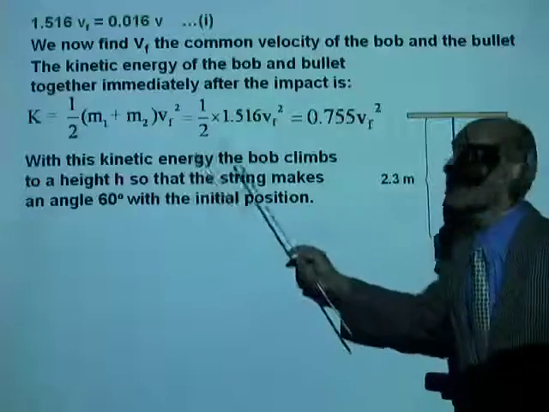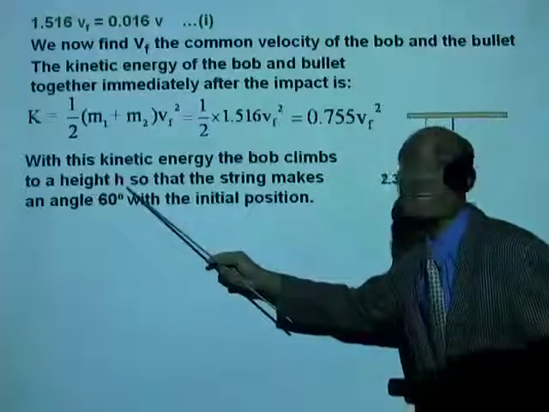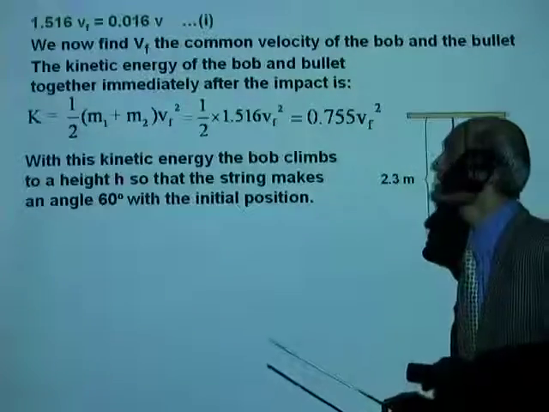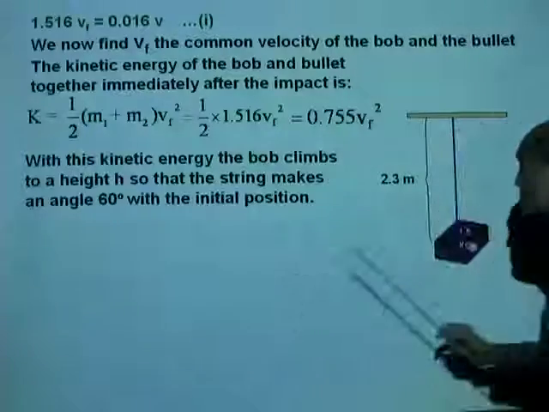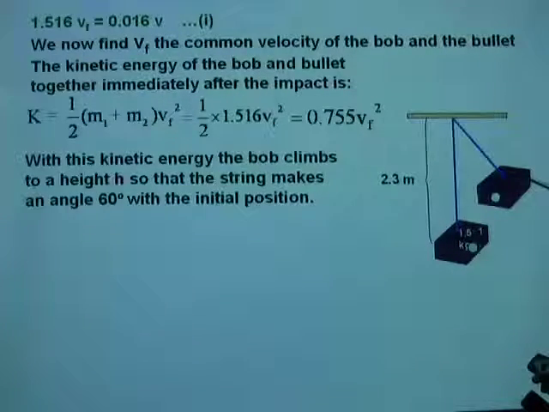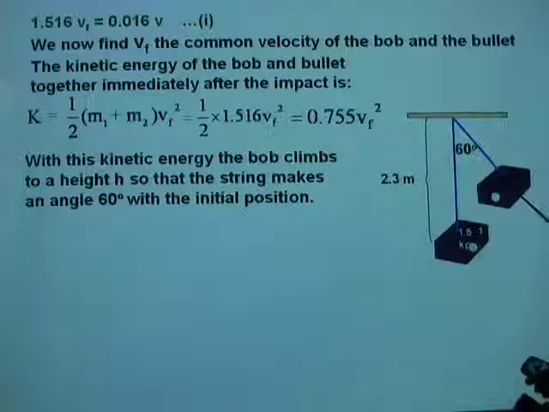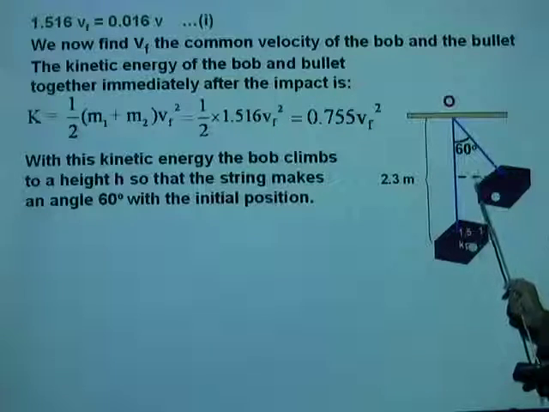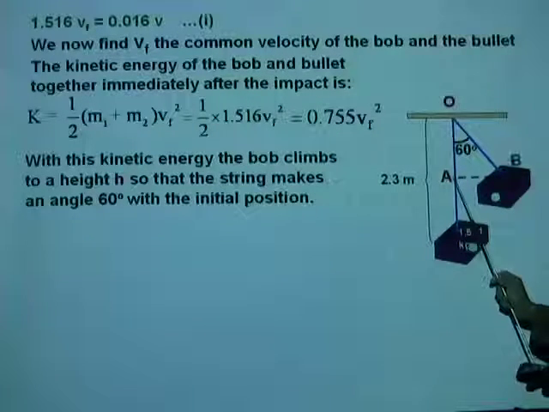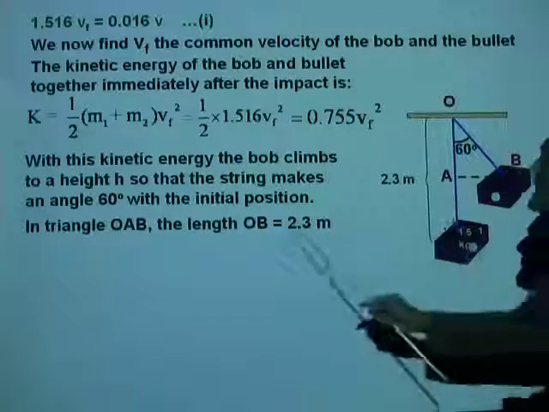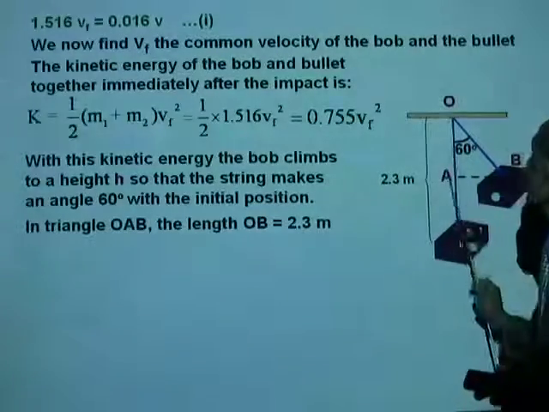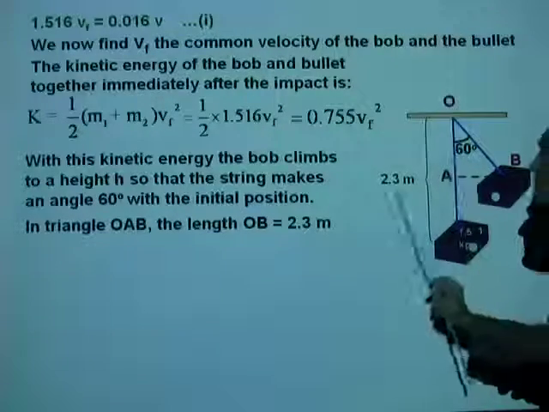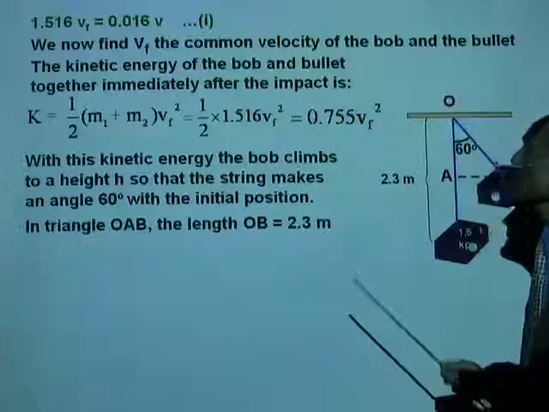What happens after impact? With this kinetic energy, the bob climbs to a height h so that the string makes an angle 60 degrees with the initial position, as I demonstrated to you. So this is now going to rise so that the string makes an angle 60 degrees. If this is O and this point is A, then in the triangle OAB, the length OB, which is the length of the pendulum, is given to be 2.3 meter.